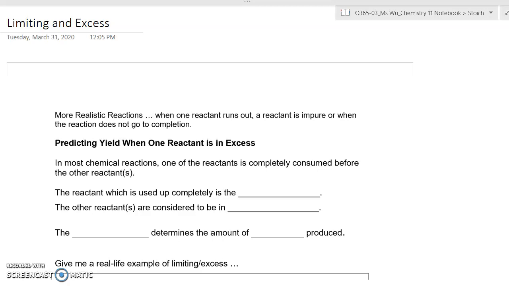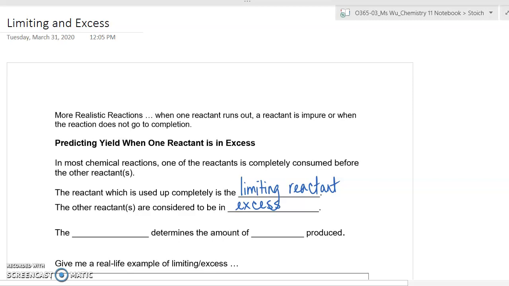So this is a chemical reaction where we are given both reactants, and we are to figure out whether one is going to be completely used up, which we call the limiting reactant, and then the other reactant is considered to be in excess, meaning we have more than enough of it.